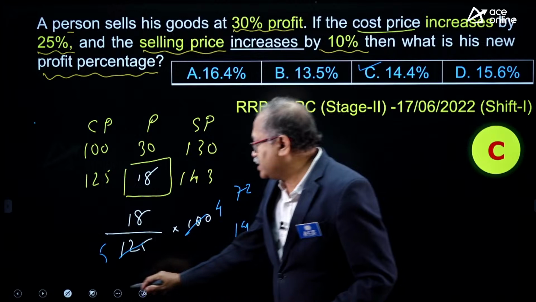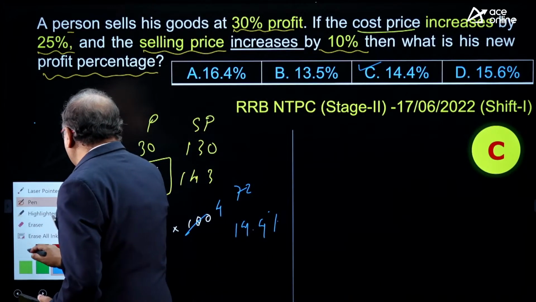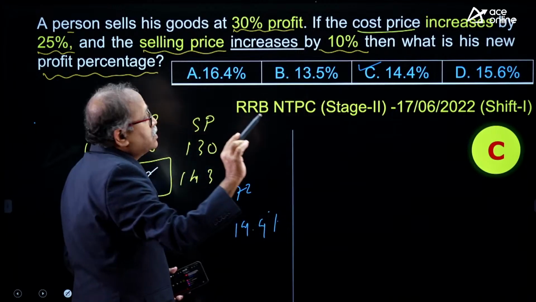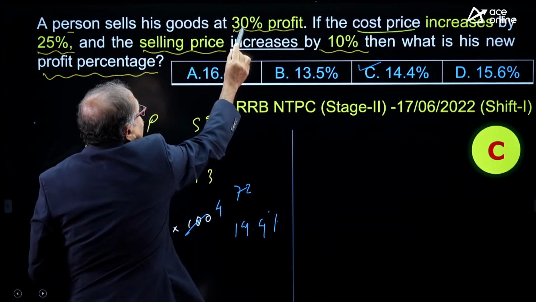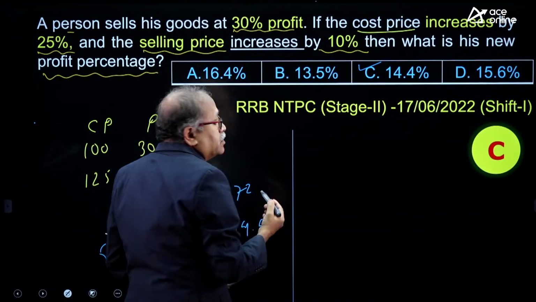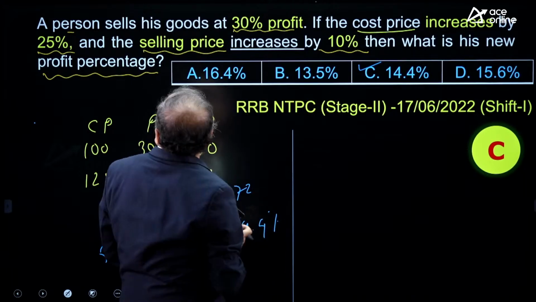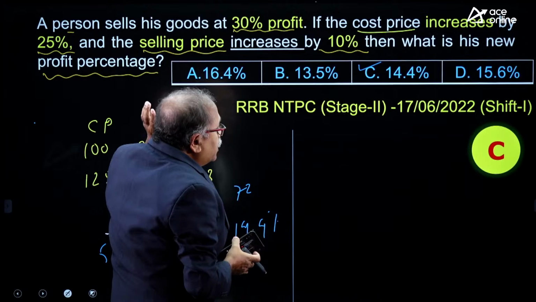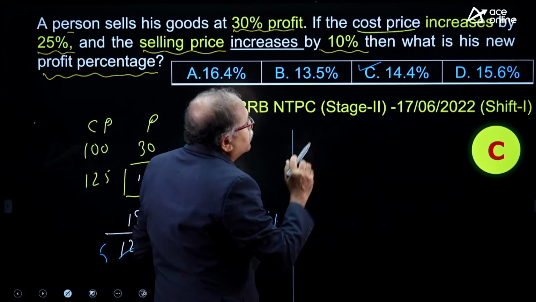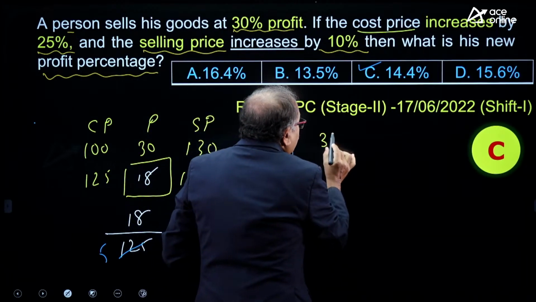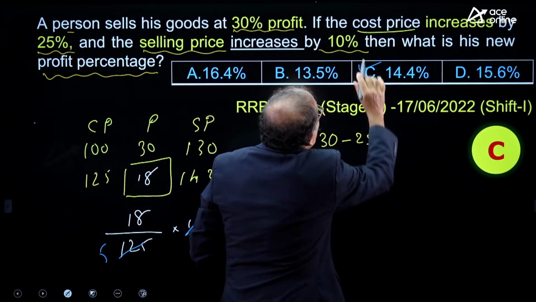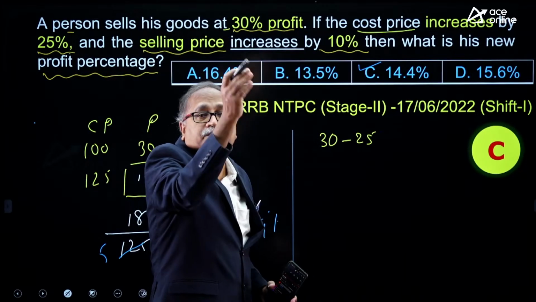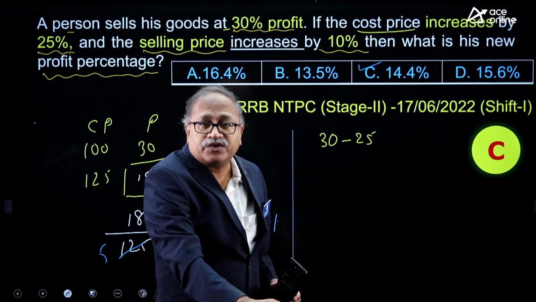We will not write this many things. What is the idea? Look at this one. Now 30% profit was there earlier, and the cost price is increased by 25%. If the cost price is increased by 25%, then my profit will decrease by 25%. So 30 minus 25. 30 was the previous profit, cost price increased by 25%, profit will decrease by 25%.